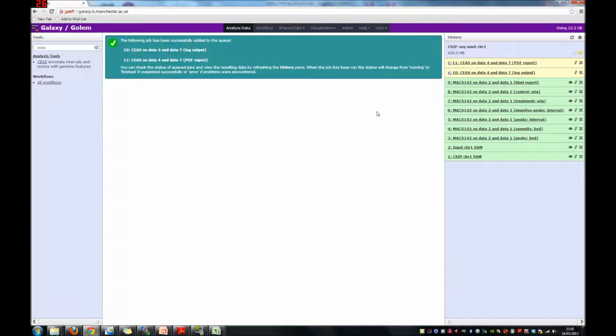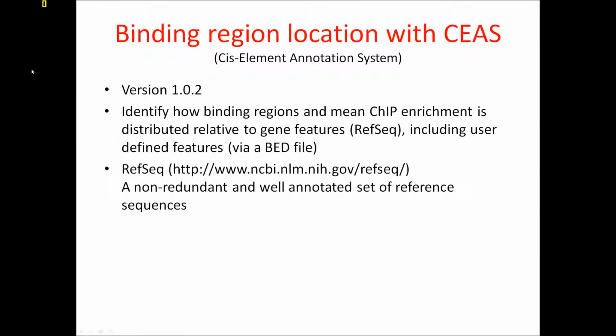So let's just briefly describe what CEAS is doing. With CEAS we're able to see where our binding regions and our non-redundant set of fragments from MACS are distributed relative to features of the genome.